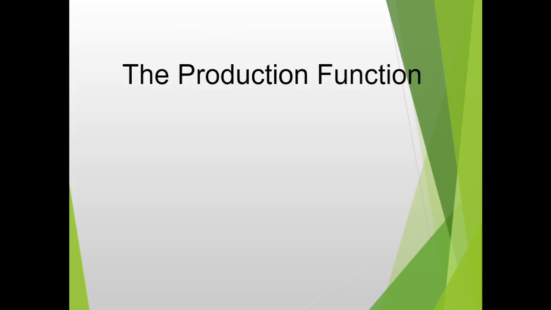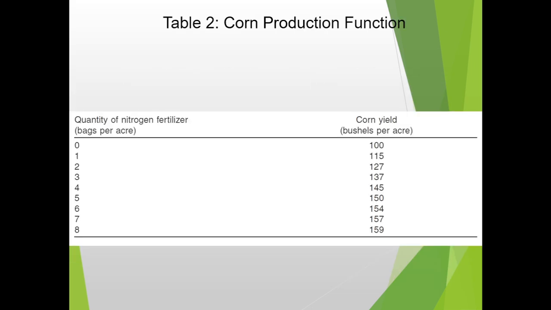Now let's talk about the production function. Just have a look at this piece of data. This piece of data belongs to corn production. Now, in order to produce corn, a lot of nitrogen fertilizer is used so that the farmer can grow more and more corn in his limited real estate, his limited farming space.